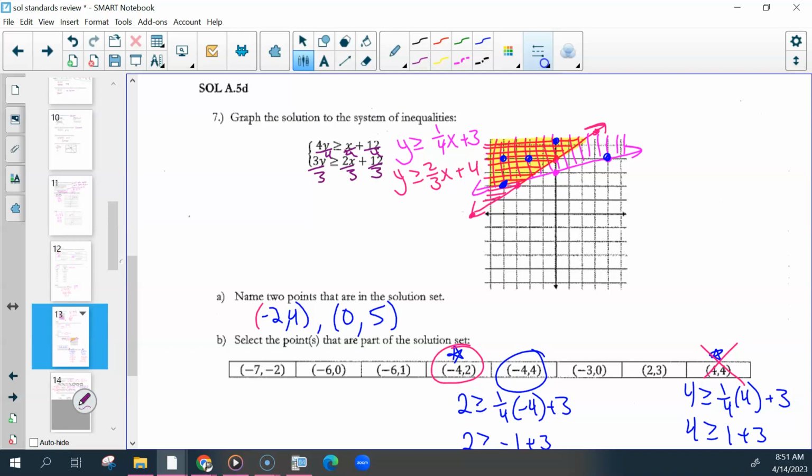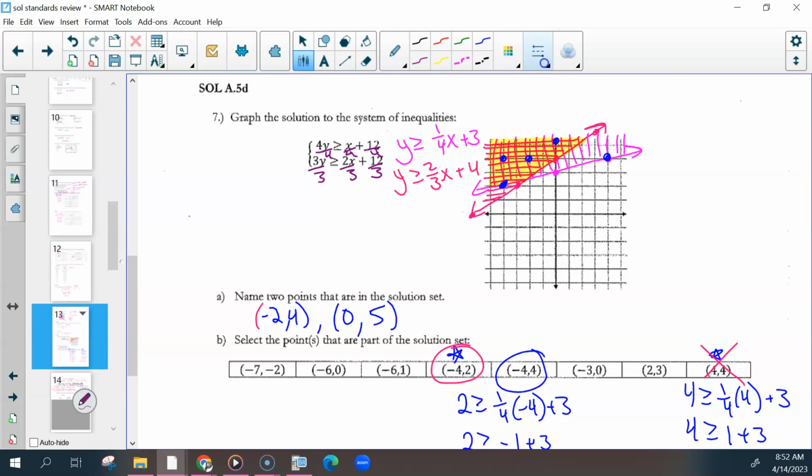And then they would both be solid lines, both shaded above, and the overlapping would be this area right here. You could pick any 2 points for part A that are in the solution set. They could be points that were in part B or random ones.